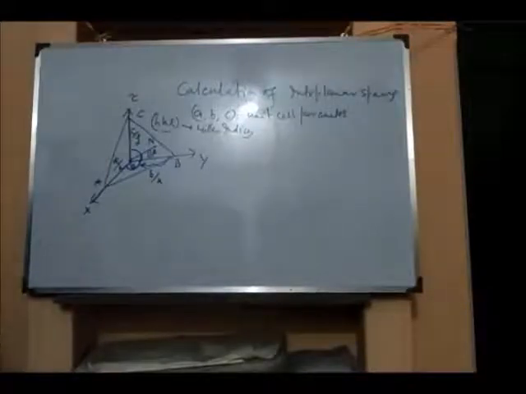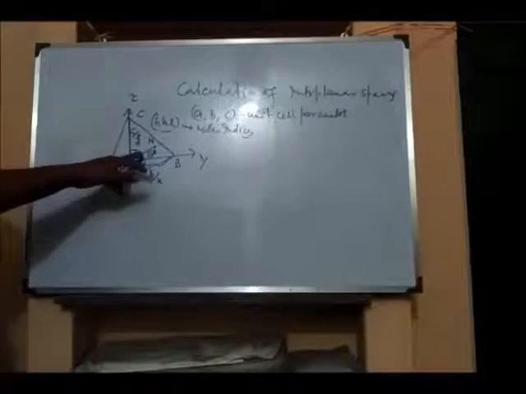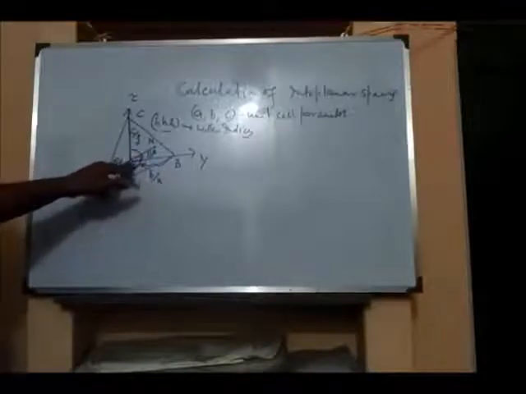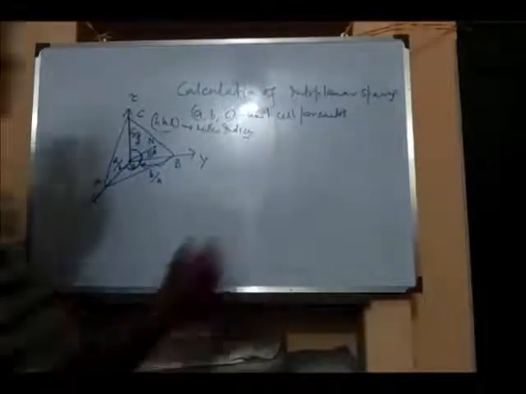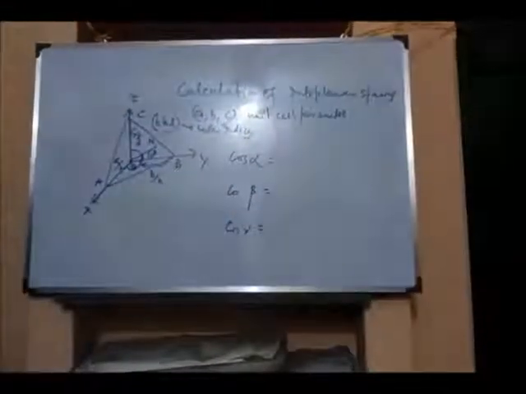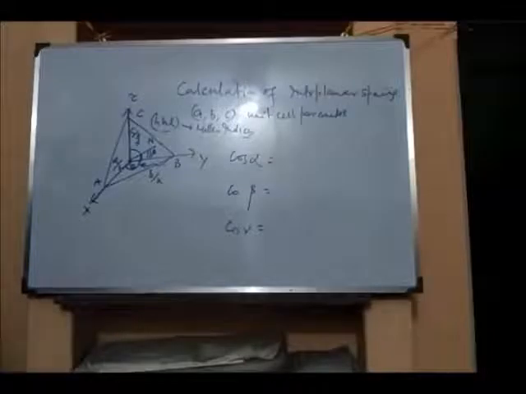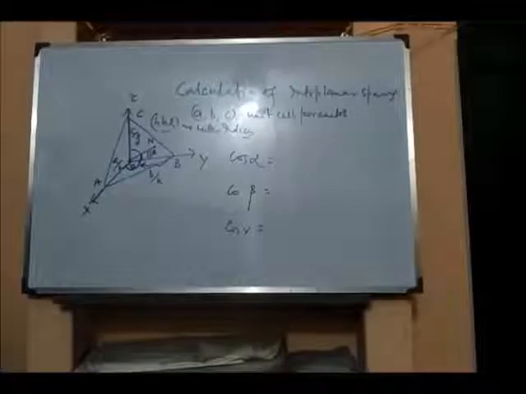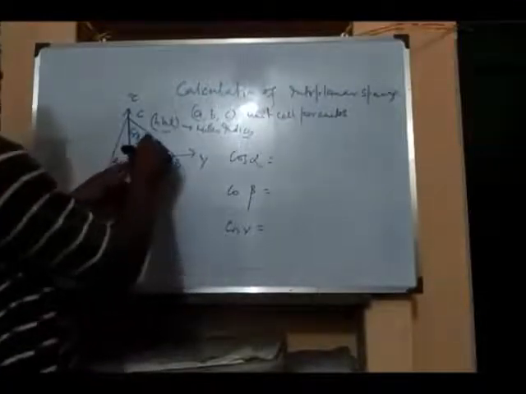So if this happens, then if this is the angle alpha, what is the value of cos alpha, cos beta and cos gamma? Now, this is the normal to the plane.